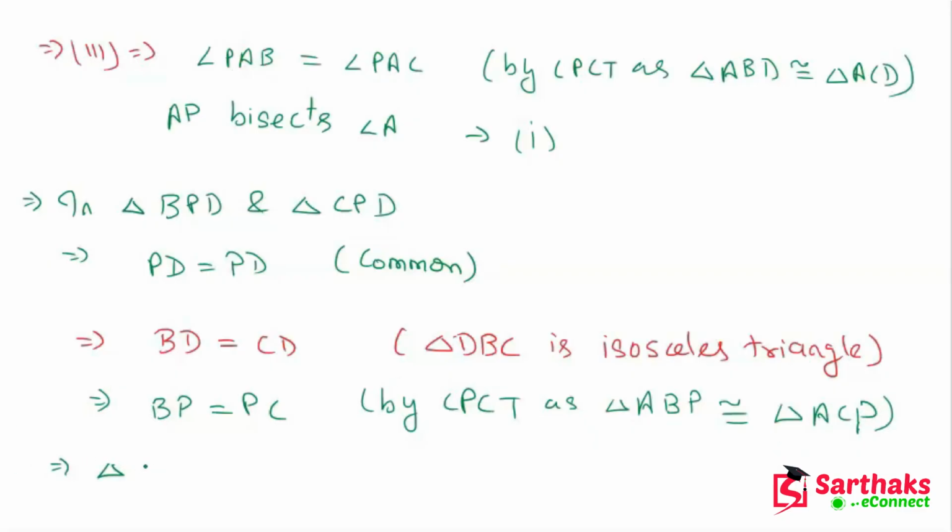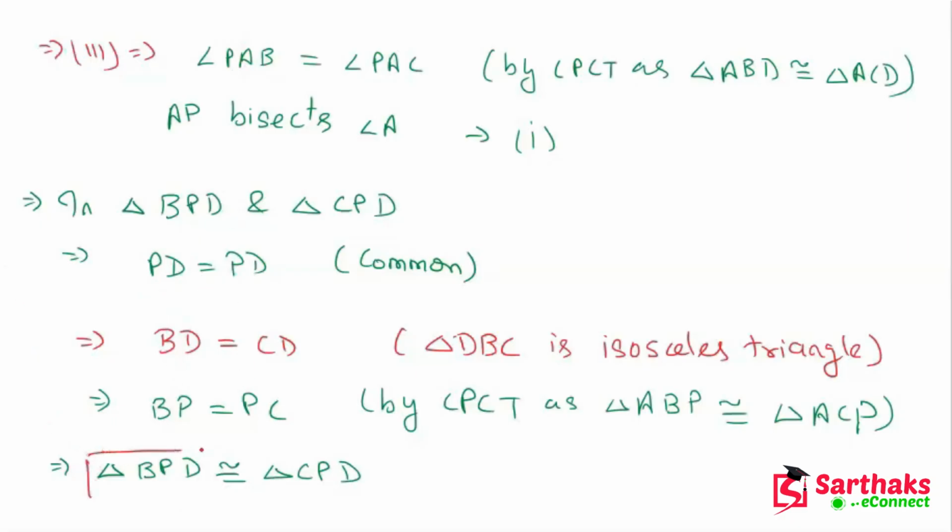So triangle BPD is congruent to triangle CPD by the SSS rule, because all the corresponding sides are equal.